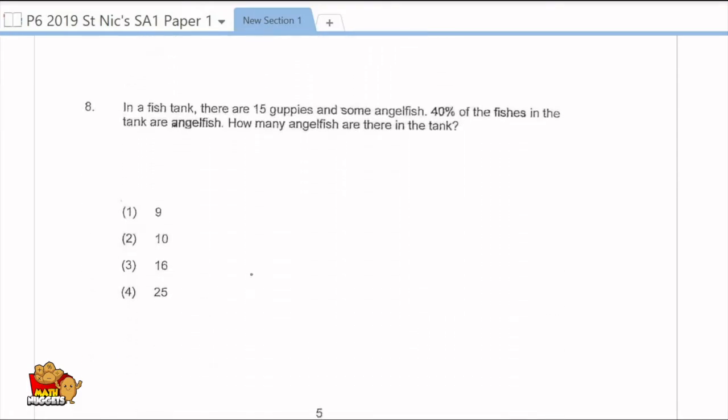Number 8. 40% are angelfish. So we have angelfish and we have guppies. Angelfish 40%, which means the guppies would be 60%. So if we have 15 guppies and we're trying to find the angelfish, let me just simplify this.